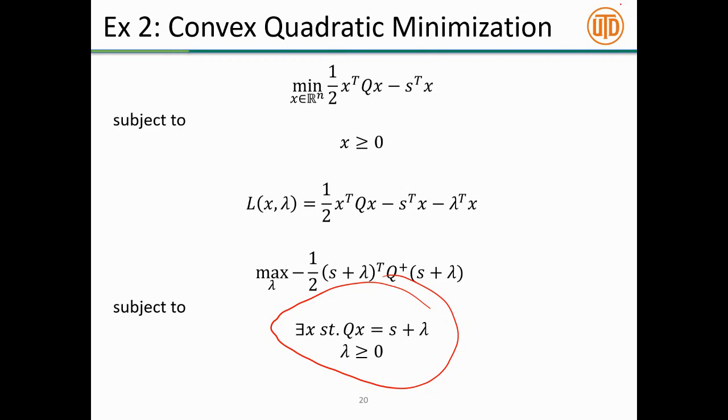There's a solution to qx equals s plus lambda as long as there's basically no component of s plus lambda along an eigenvector of q that has a non-zero eigenvalue. So I'm going to use the same observation here to rewrite this constraint.